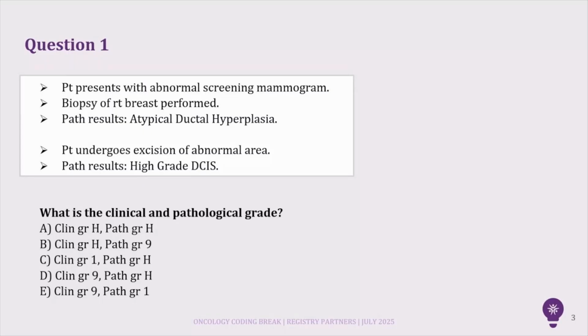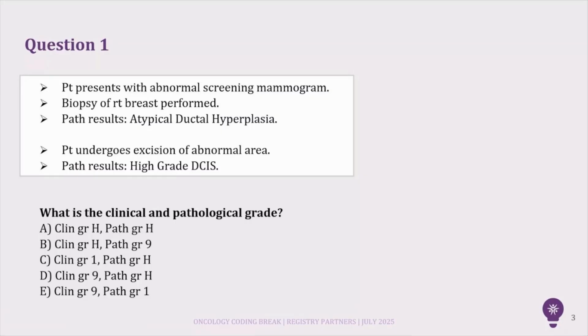Okay, we're going to give a few more seconds. Okay, so 74% got it right. Let's look at the answer.